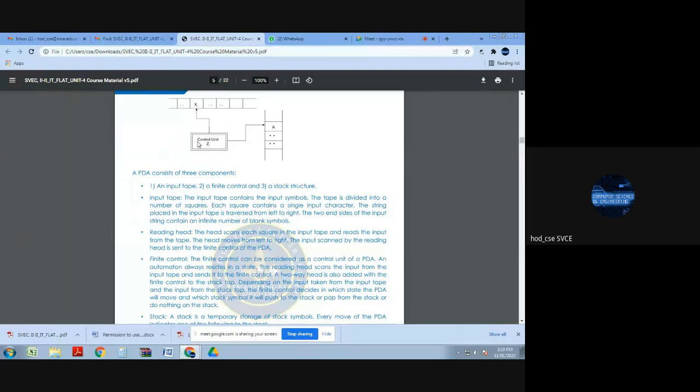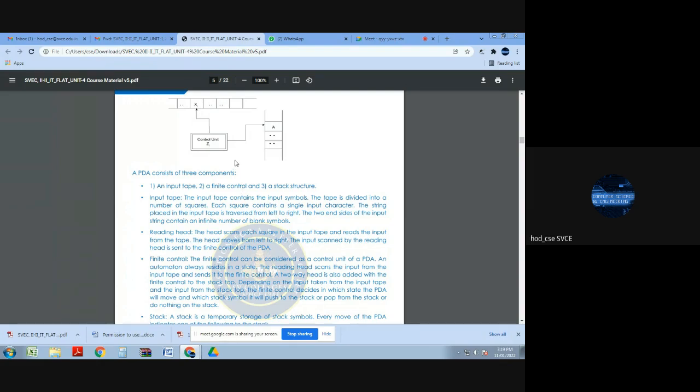An automata always resides in some particular state, Q0, Q1, Q2, for example. The reading head scans the input from the input tape and sends it to the finite control. A two-way head is also added with the finite control: one points to the top of the stack, and one points to the input tape.